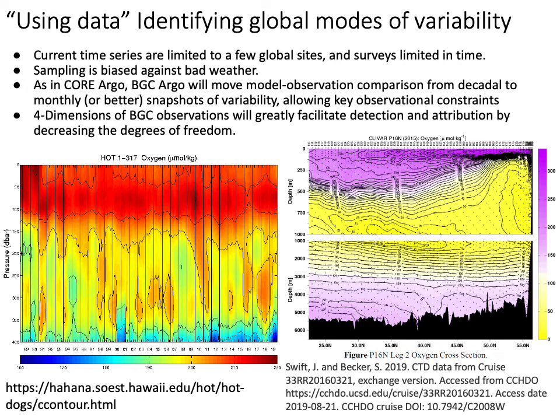As in core Argo, biogeochemical Argo will move model observation comparison from the decadal time scale of global synthesis to monthly or better snapshots of variability, allowing key new observational constraints and a four-dimensional description that will greatly facilitate detection and attribution by decreasing the degrees of freedom that you have when you only have a time or a space characterization.